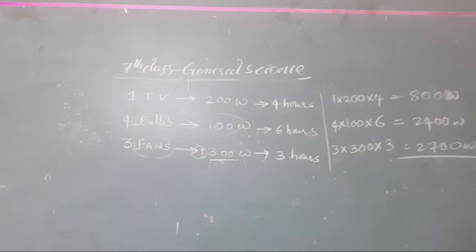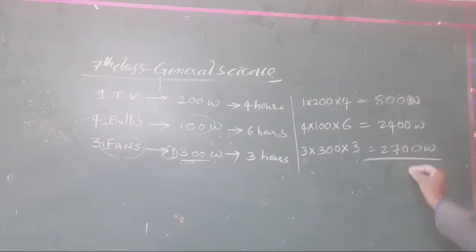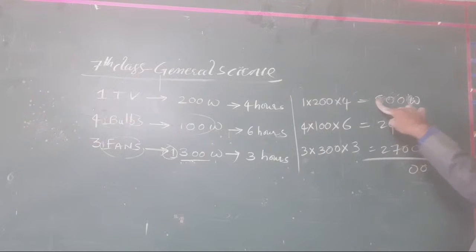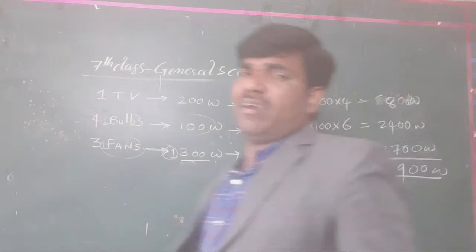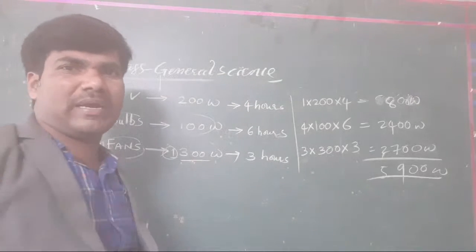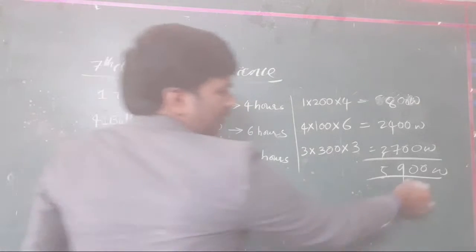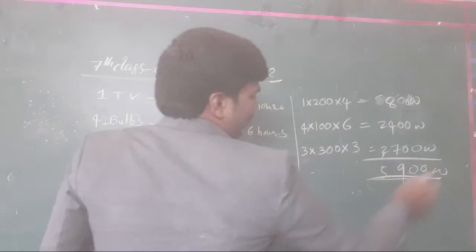Now automatically, what does it become? Here it is 700 plus 400, 1100, and it is 9, 19 here. Now it becomes 5900 watts per hour it will work. Totally per day, 5900 watts.